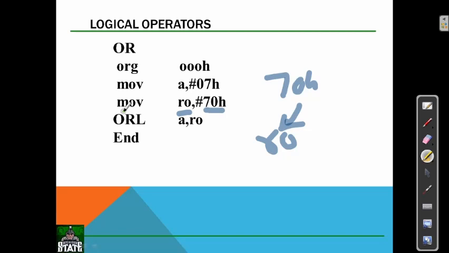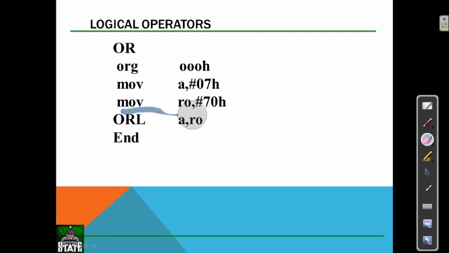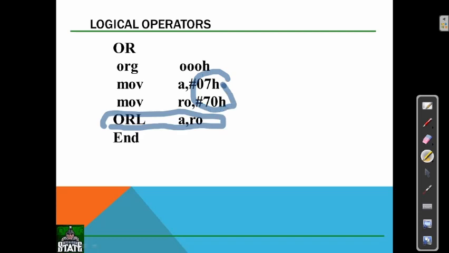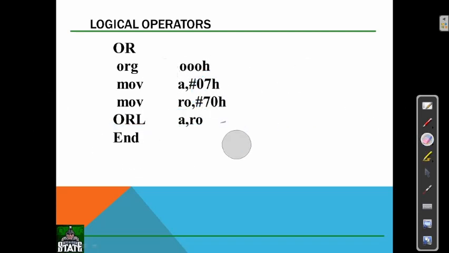That is the second line of the program. Then ORL A, R0 means the OR operation is performed on these two values. This is the program for the OR operation.